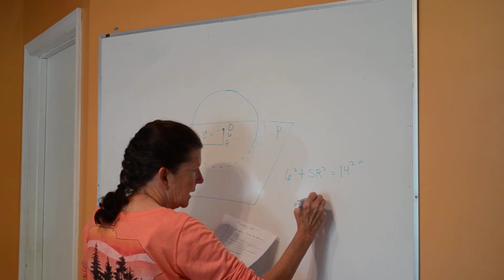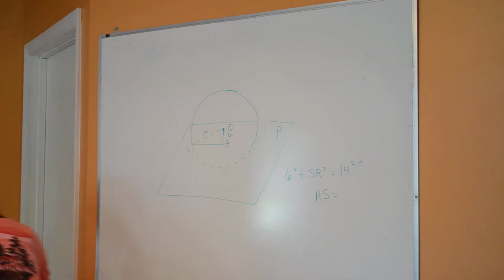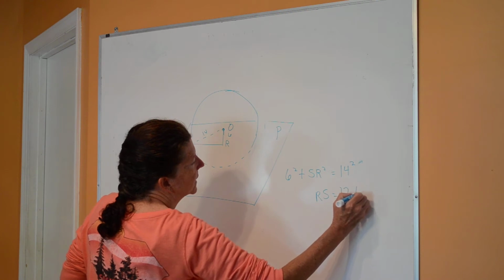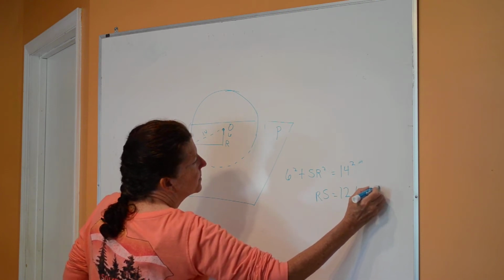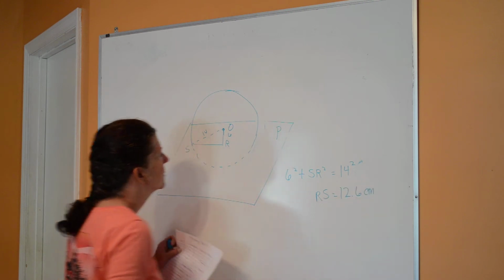When you finish and take the square root of it, I'm going to do it on my calculator. Should be 12.6. You're going to have some problems like that, but they're all going to use the Pythagorean theorem. It's probably just centimeters, not centimeters squared.